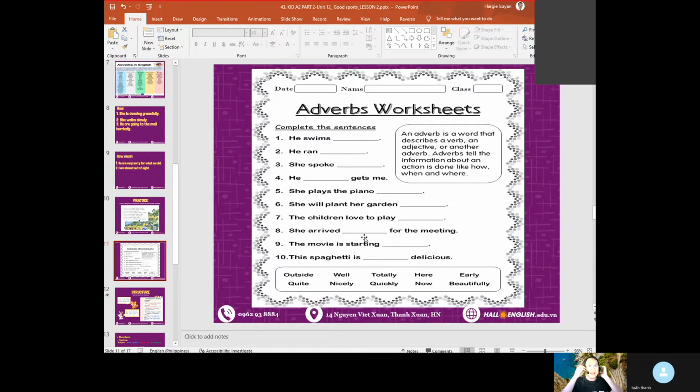Okay, now let's try to do this one, B. So complete the sentences. Take note, an adverb is a word that describes a verb, an adjective, or another adverb. So adverbs give information about how, when, and where an action is done. Number one, he swims.